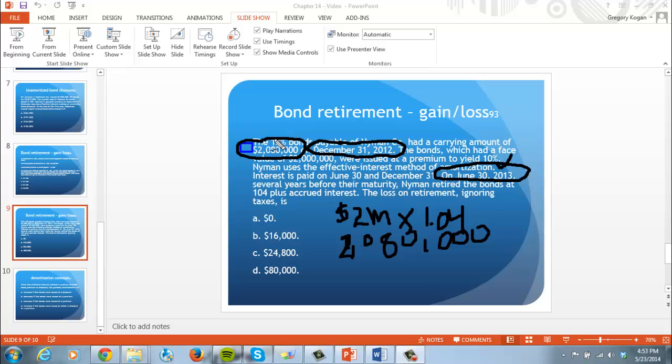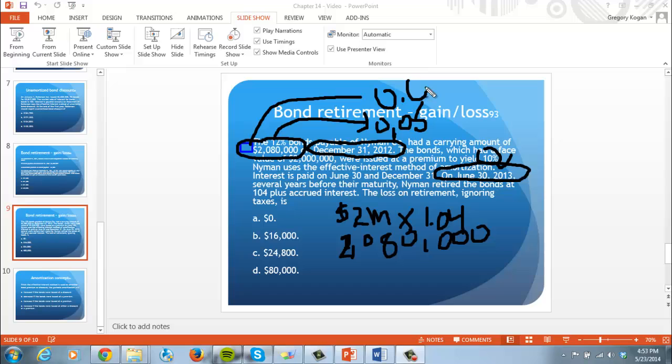So if we multiply 2.08 million by the 6 month yield, that's going to be times 0.05, right? That's the yield. And if we multiply 2 million by 0.06, that's the coupon, right?